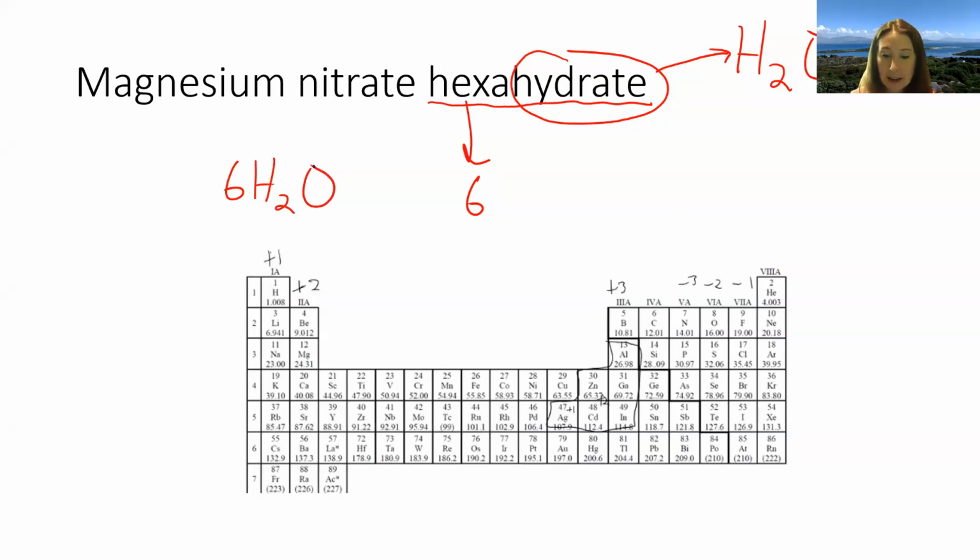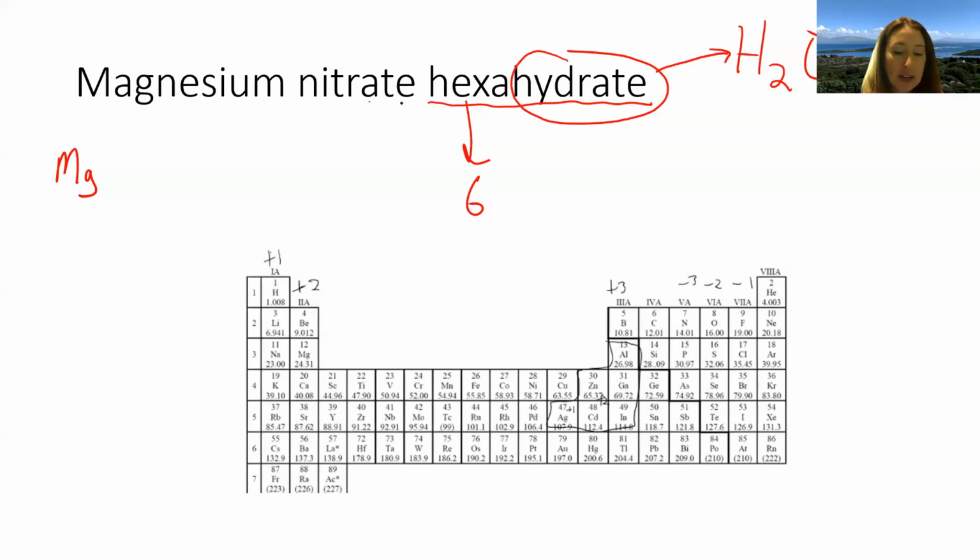If it said dihydrate, that would be 2 waters. Okay, so let me show you how we do this piece. So magnesium nitrate. Well, magnesium, you already memorized that magnesium is Mg. You don't even need to look at your periodic table for magnesium anymore.